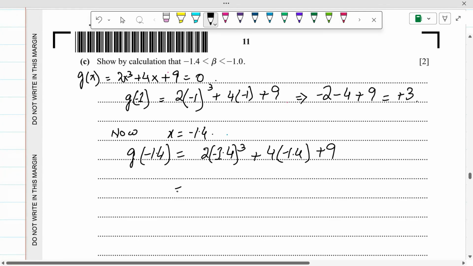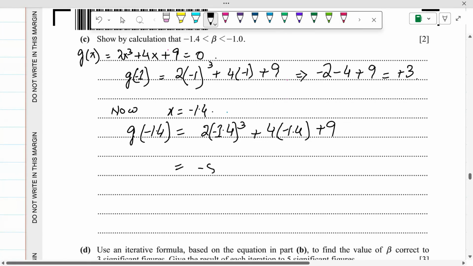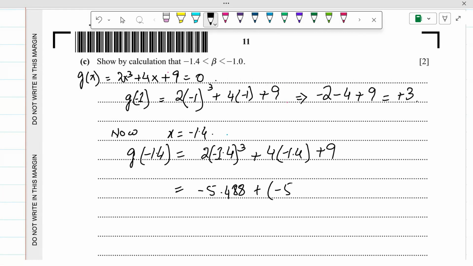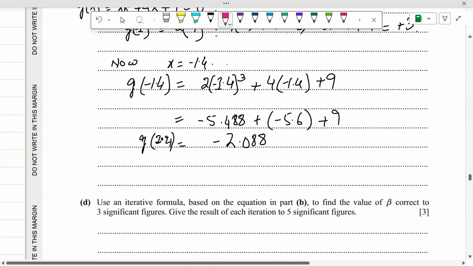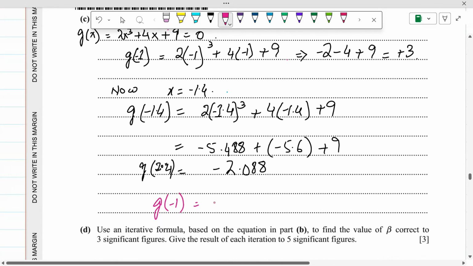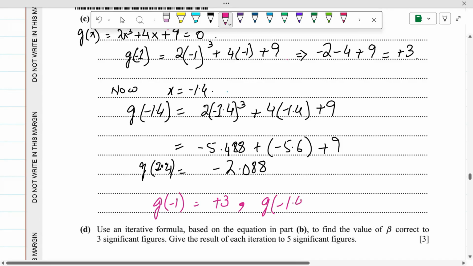This is equal to negative 5.488 plus negative 5.6 plus 9, which is equal to negative 2.088.